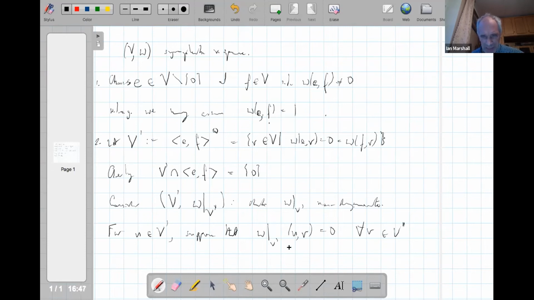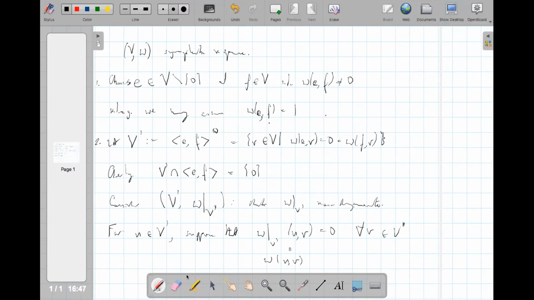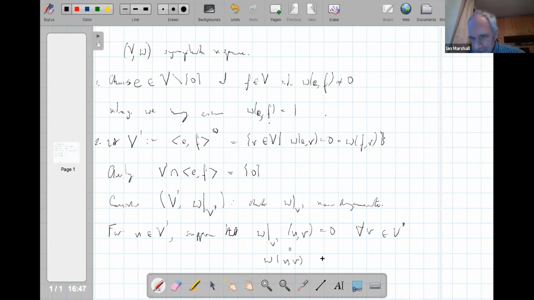Well, this is just the same as omega of u, v. And if omega(u, v) is equal to 0 for all v in V prime, that tells us that it's true for all v, because V is a direct sum. Yes, you're right. But you can formulate this in many different ways.